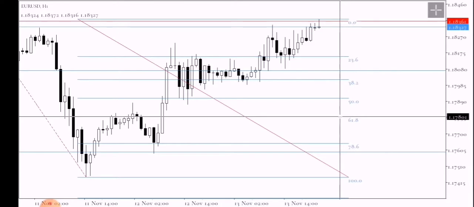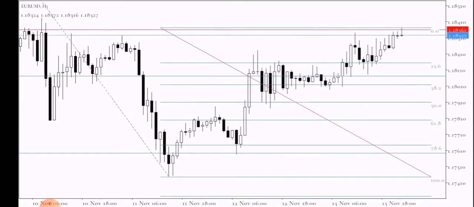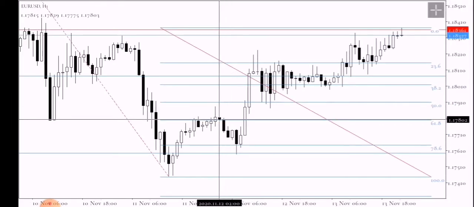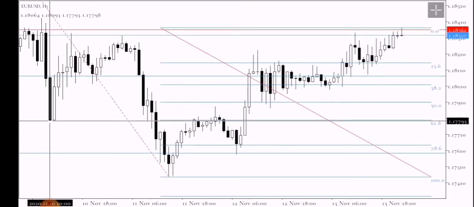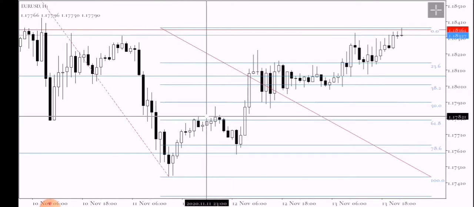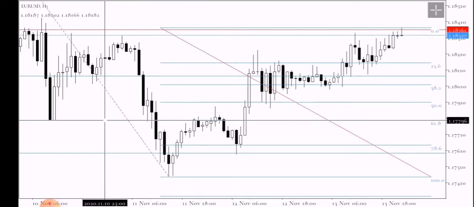But if we look a bit left, what do we see here? We have confluence of this level being a very good support level right where the 61.8 is, as well as this move over here. See that resistance or support turned resistance here?